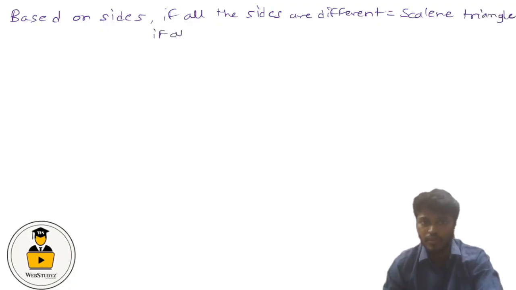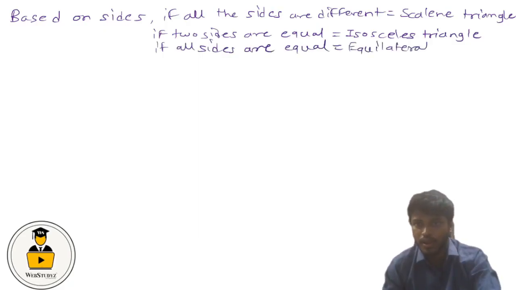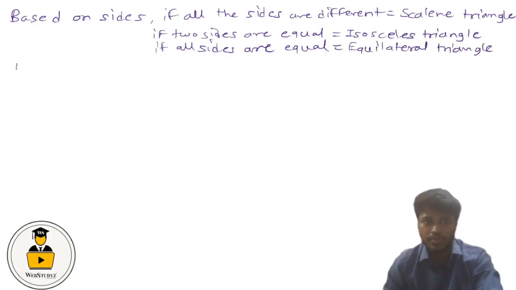Then if two sides of a triangle are equal, we call such triangles as isosceles triangles. Then if all sides of a triangle are equal, we call such triangle as equilateral triangle.